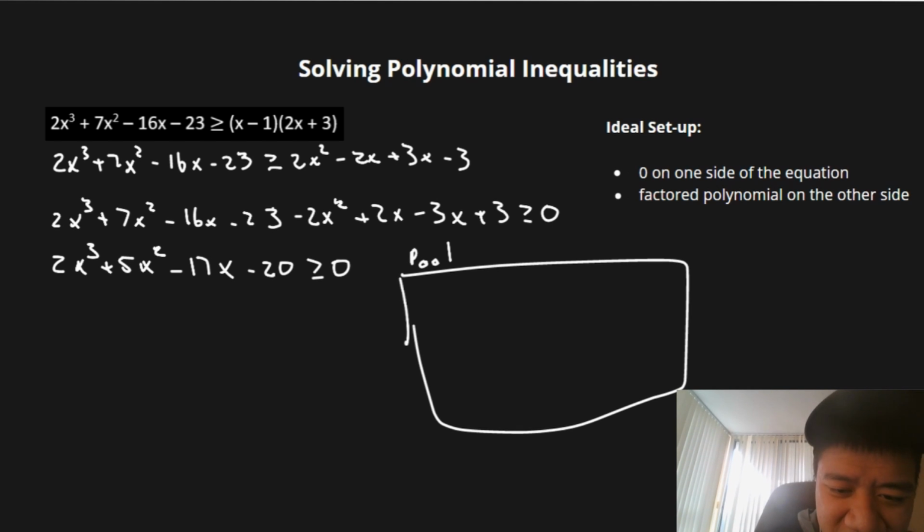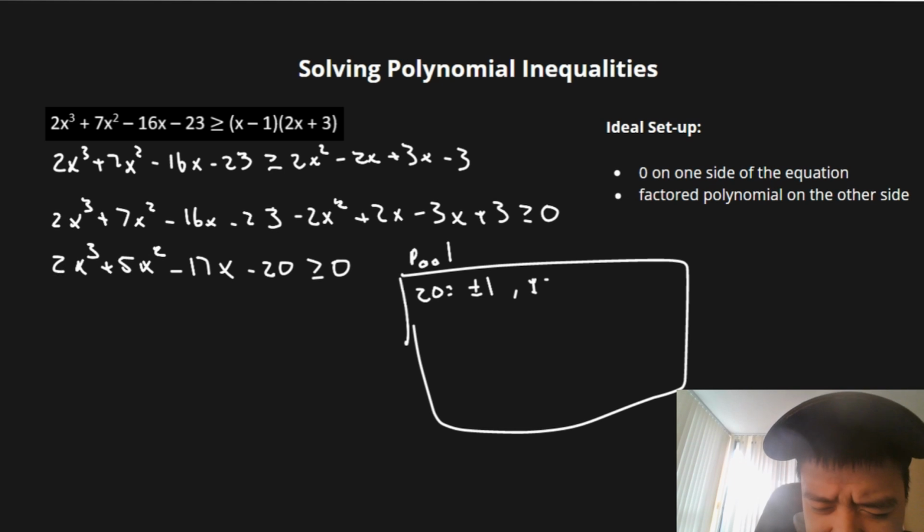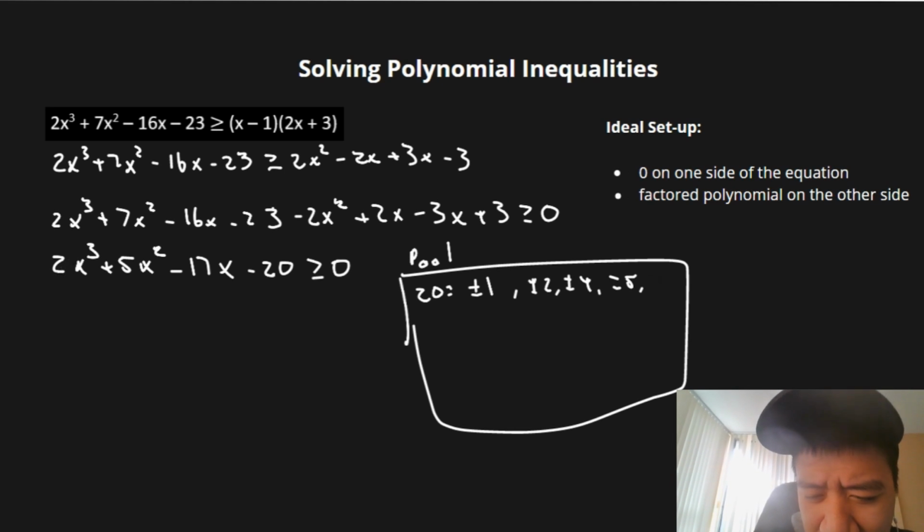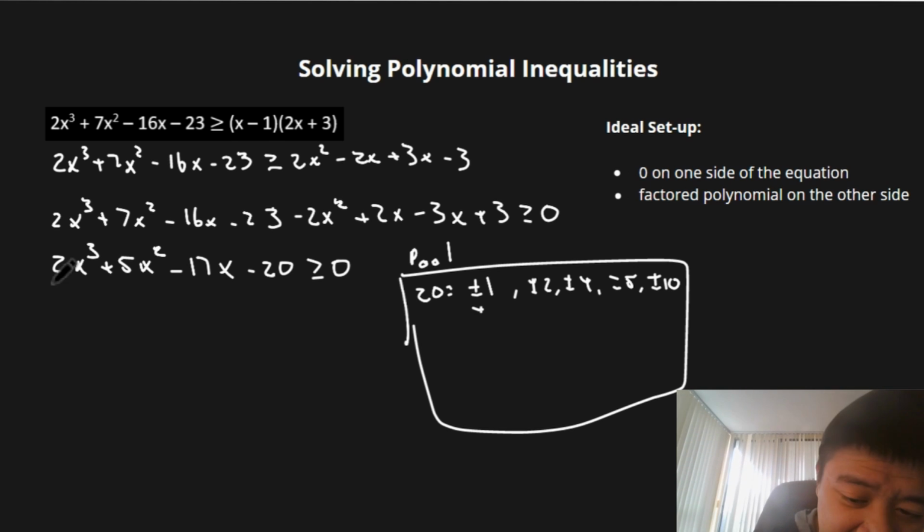Okay, so 20. If you don't remember how to get these, we need to list out the factors of our last number here and the very first number over here. So we have positive negative 1, positive negative 2, positive negative 4, positive negative 5, positive negative 10, positive negative 20.